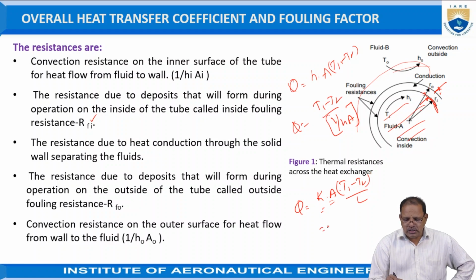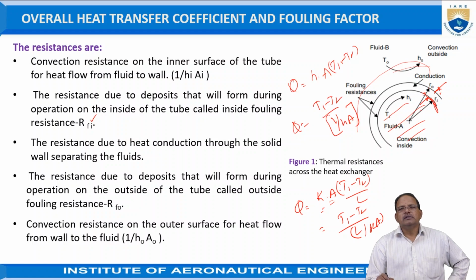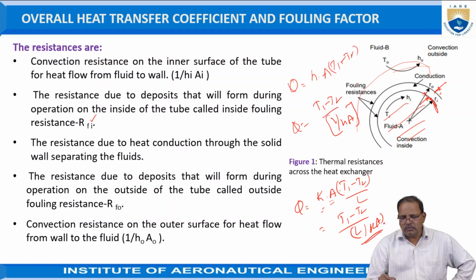So it can be written as T1 minus T2 divided by L by kA. This L by kA is called thermal resistance, offered by the body when the energy is flowing by conduction. So this resistance is called conduction resistance.